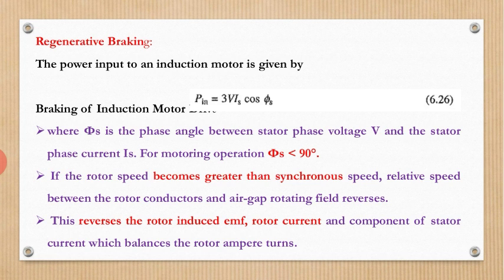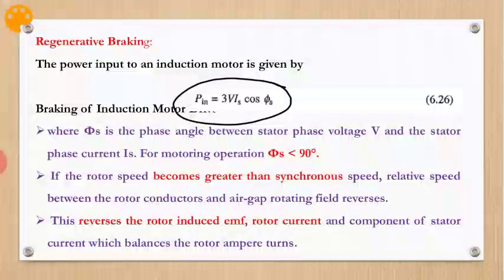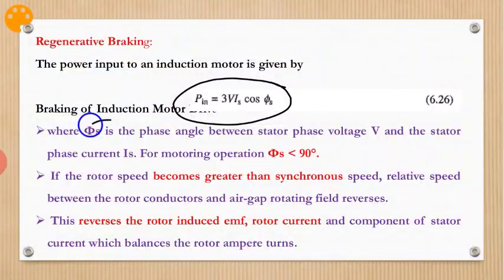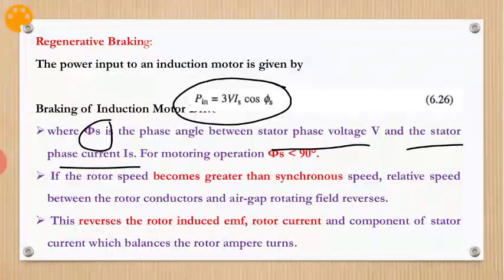The power input to any induction motor is given by P_in = 3 V I_s cos phi_s, where V is the stator phase voltage, I_s is the stator phase current, and phi_s is the phase angle between them.